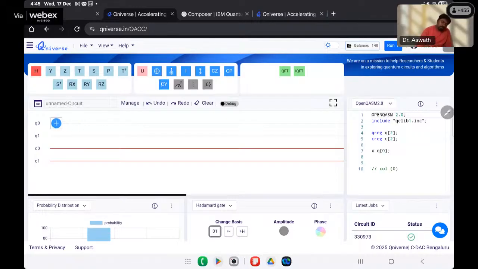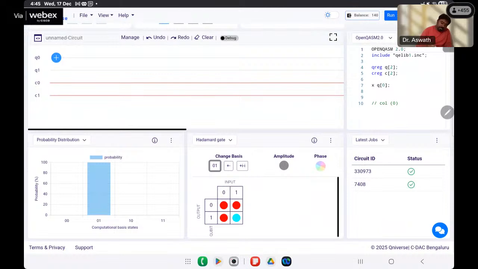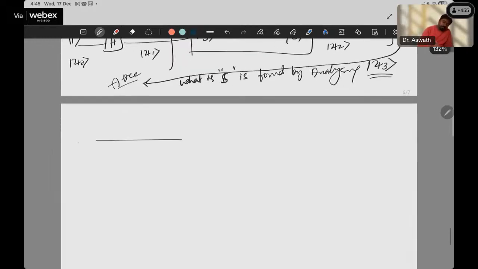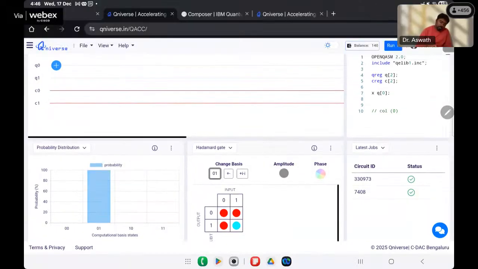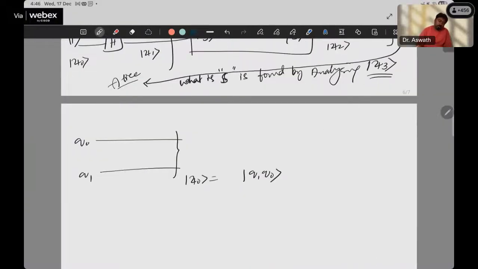The first qubit is 1, second qubit is 0. Where is that 1 written? 1 is written on the right and 0 is written on the left. So if Q0, Q1 is there, the representation of quantum psi naught is Q1, Q0. Let me check. Yes, first one is 1, second one is 0.